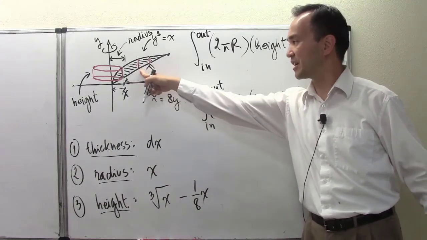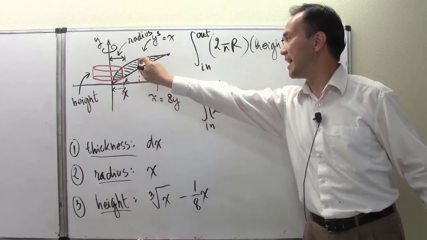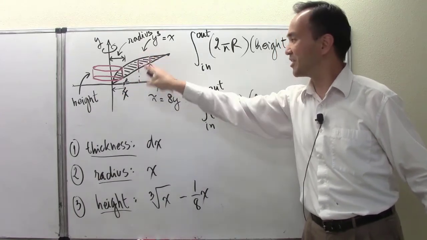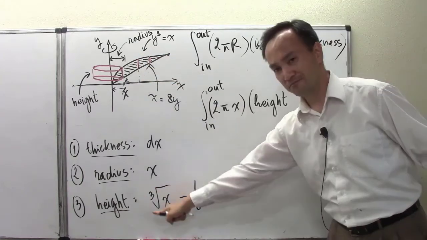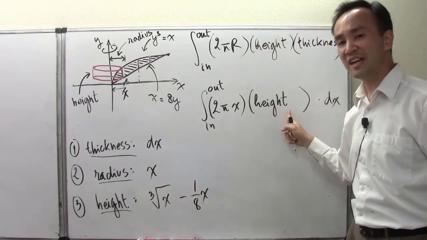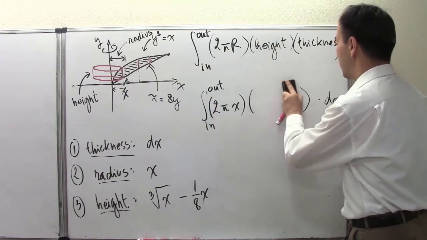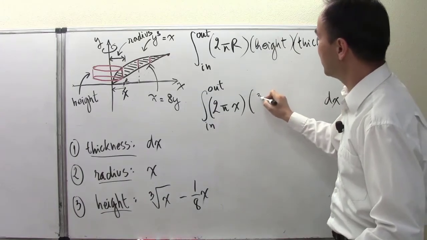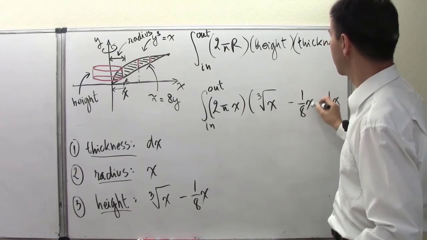If we place it here, or there, at any x, that height is simply the difference between the upper curve and the lower curve. And now I can fill this expression into that empty parentheses right here. So now I can revise my current integral with the cube root of x minus 1/8 x in parentheses.